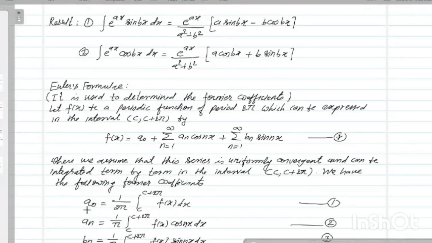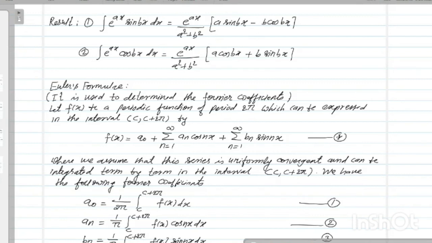So a naught will be what? 1 upon 2 pi integration of limit running from minus pi to pi f of x dx, and an will be what? 1 upon pi integration running from minus pi to pi f of x cos nx dx, and bn will be what? 1 upon pi integration running from minus pi to pi f of x sin nx dx.